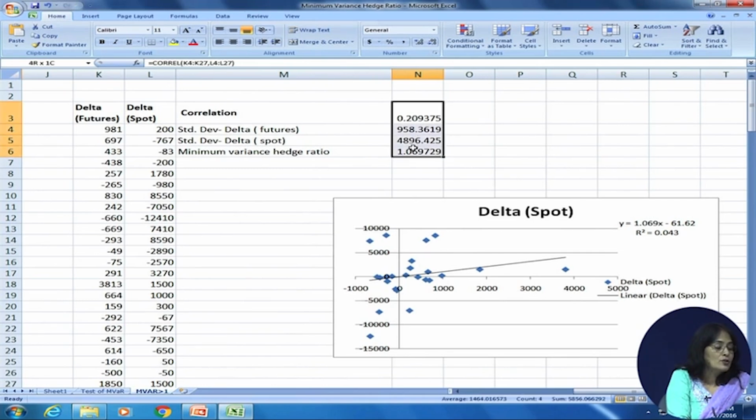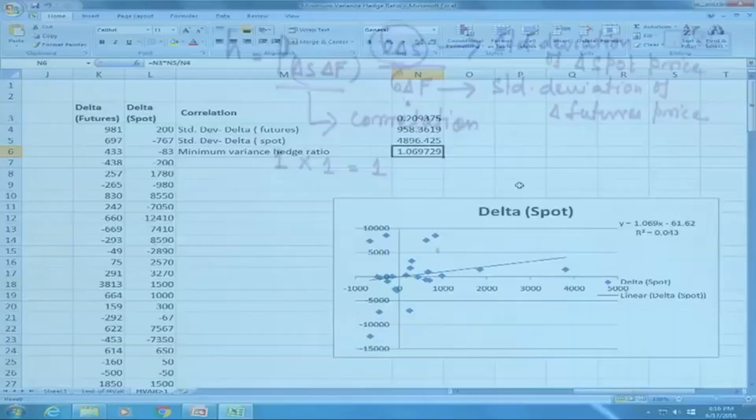So taking into consideration all these factors, you can have a minimum variance hedge ratio of 1.06. This answers my question that yes, there could be a situation where you have a minimum variance hedge ratio greater than 1, and this could be with respect to a higher volatility in the spot market vis-a-vis the futures volatility.